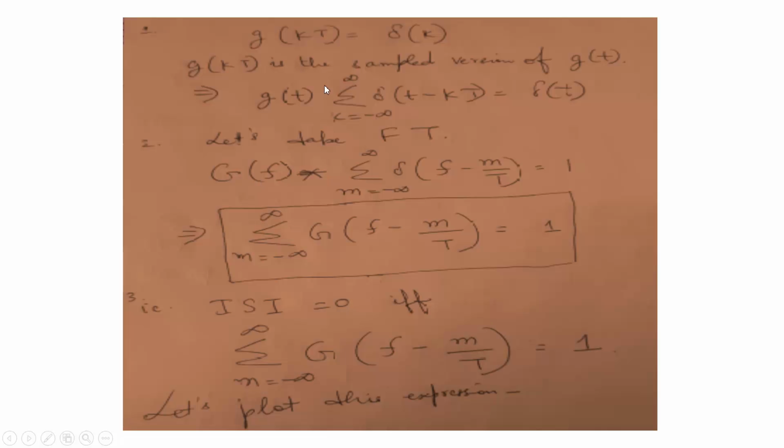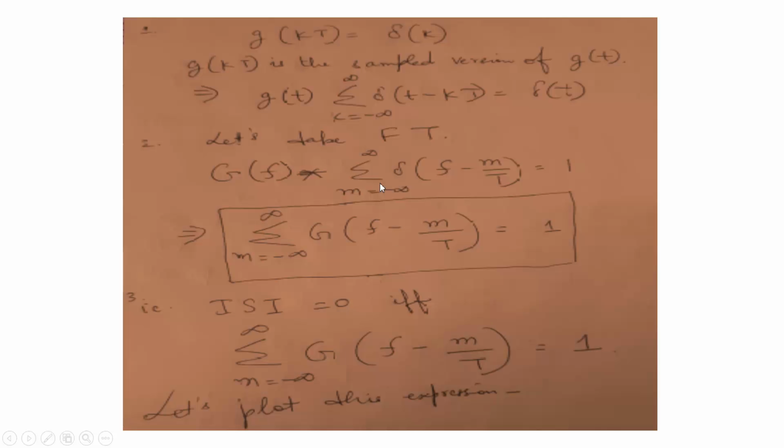So g(t) will give me G(f), convolved with delta(f minus m/T). I'm just replacing the index k with m, since in the frequency domain I'm using m. The right side is the Fourier transform of delta(t), which will be equal to 1.